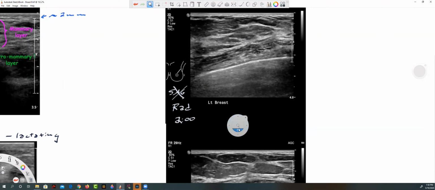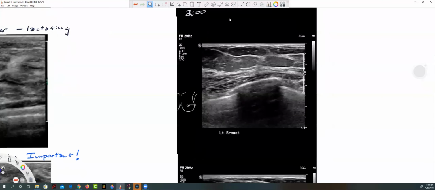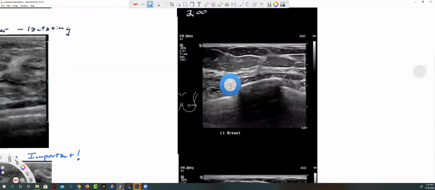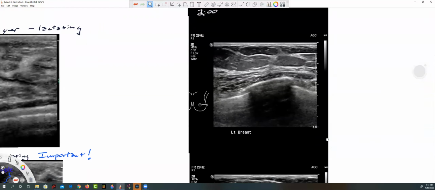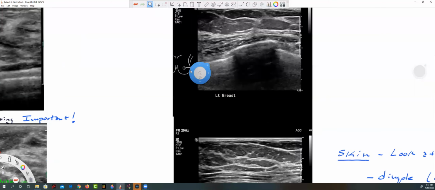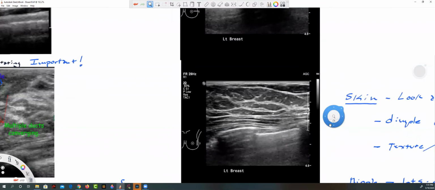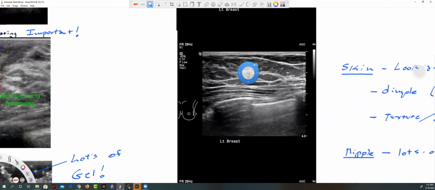So we'll just quickly go through the rest of this column, and then I'll let you guys take a break. So 2 o'clock, rad. Oh, they didn't do the anti-rad, or I skipped it by accident. That's why I do that. Here the transducer is basically transverse, but we're actually going to call it rad. Going through, and as you see, it's all fat.